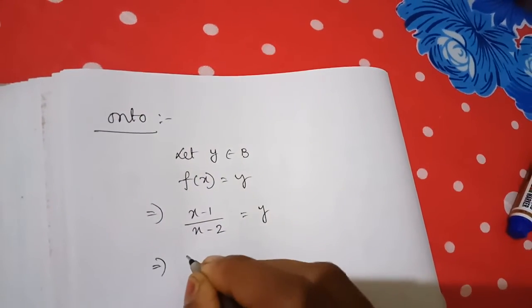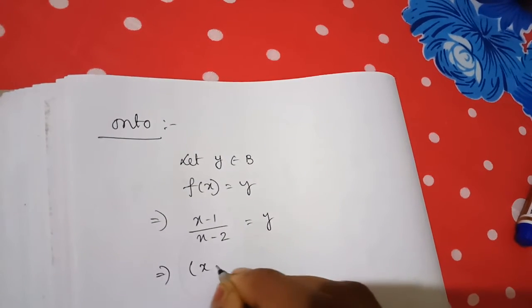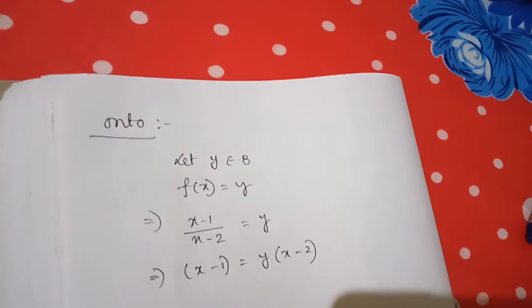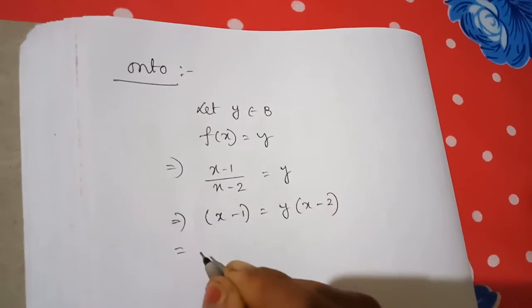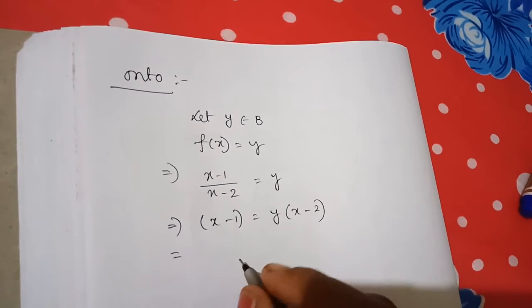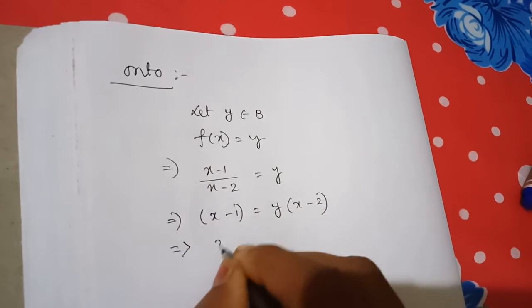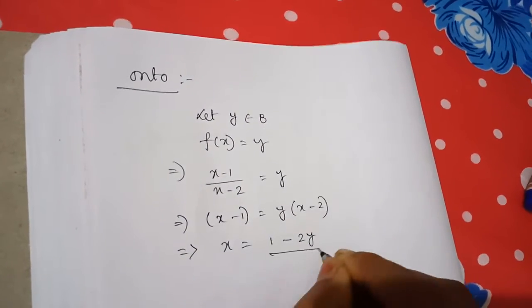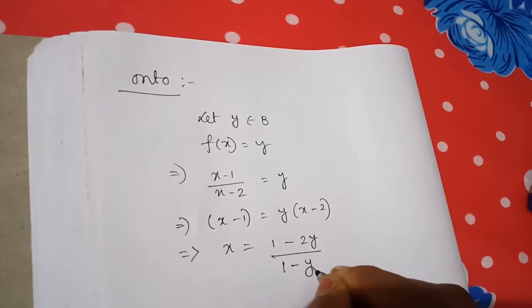It implies x - 1 = y(x - 2). From this, if we find x, we will get x = (1 - 2y)/(1 - y).